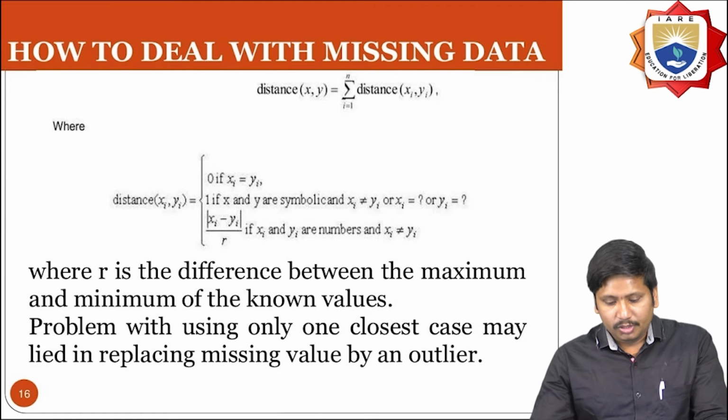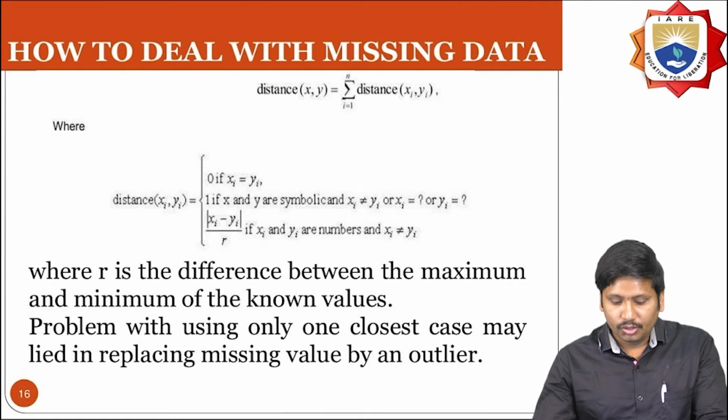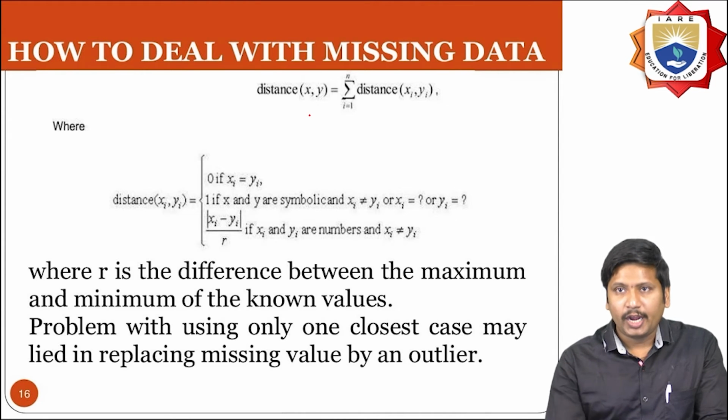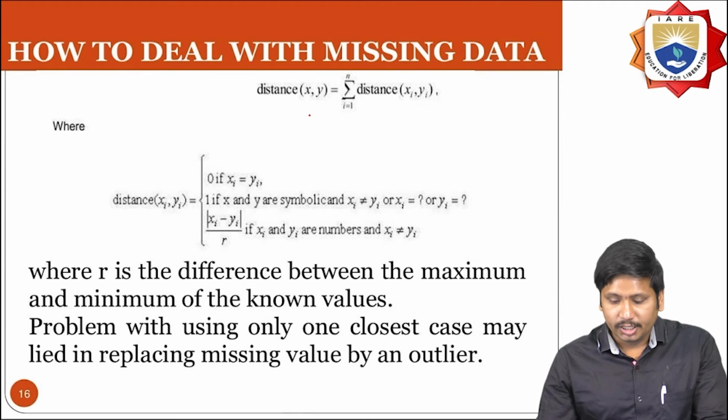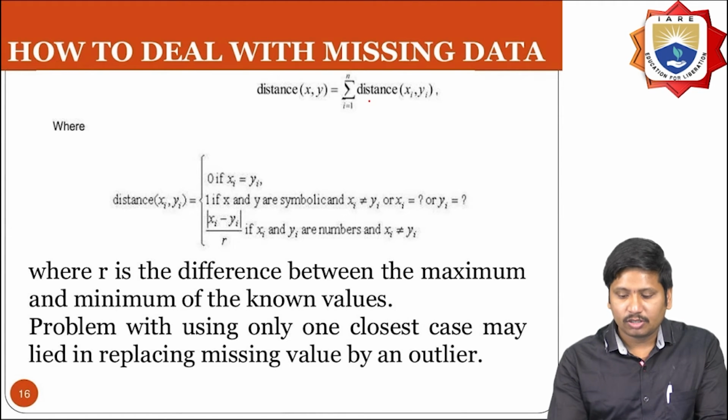Based on distance calculation I can also fill the missing values. Many of you already know this. The distance of x, y is equal to the sum from 1 to n of the distance of xi to yi.